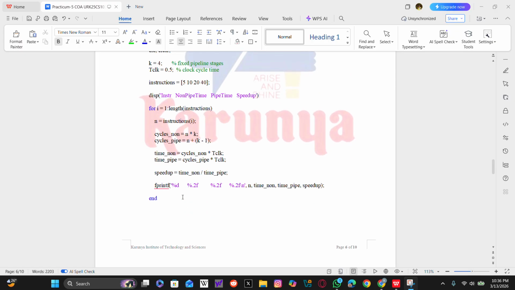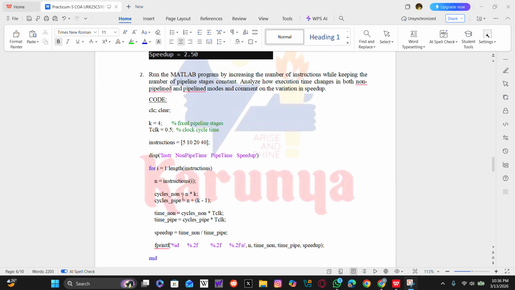For time non-pipeline, it is cycles non times time clock, and time pipelining is equal to cycles pipelining times time clock. And in the speed up, we are dividing time non-pipeline by time pipeline, and we are printing out the values and so on.